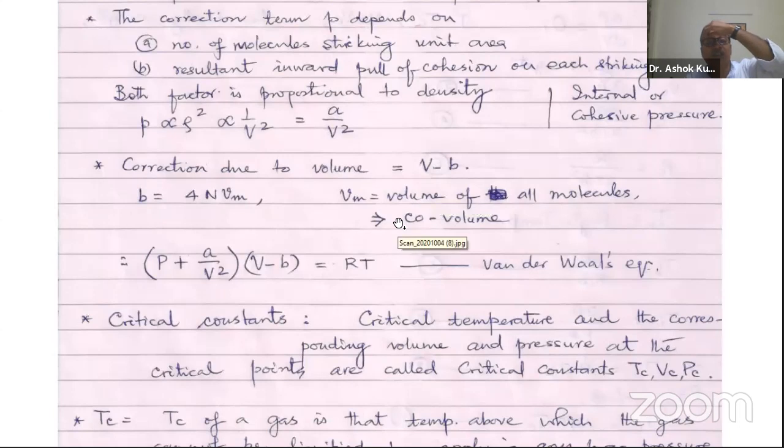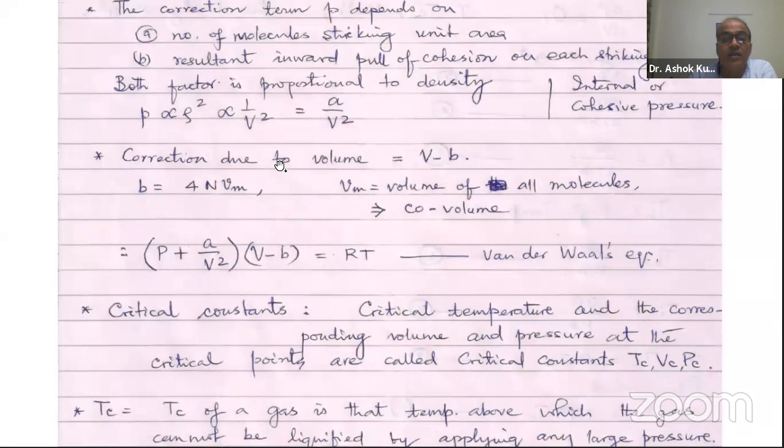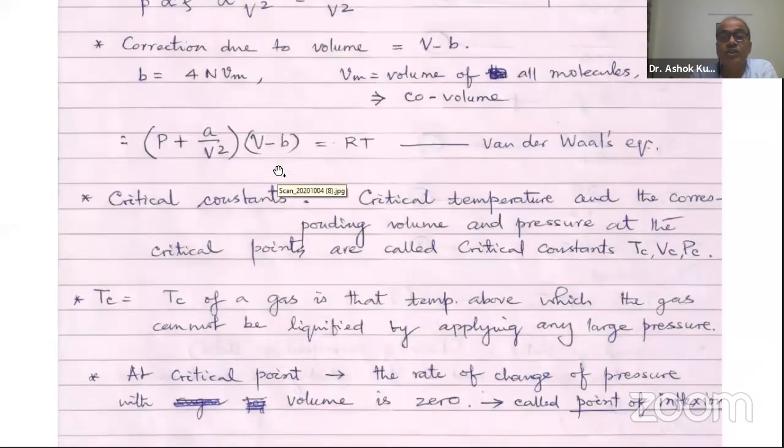Now what is critical constant? We know that when there is a change in volume, what happens when you increase the pressure of a gas? The volume decreases. After a certain limit the volume decreases, and what is the meaning of volume decrease?